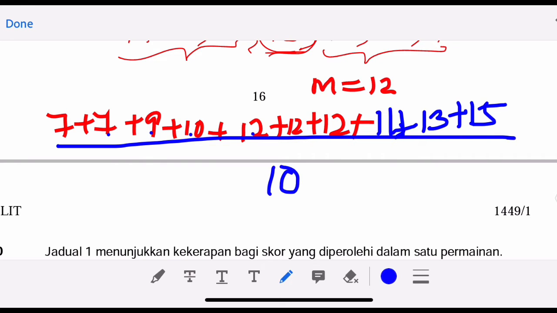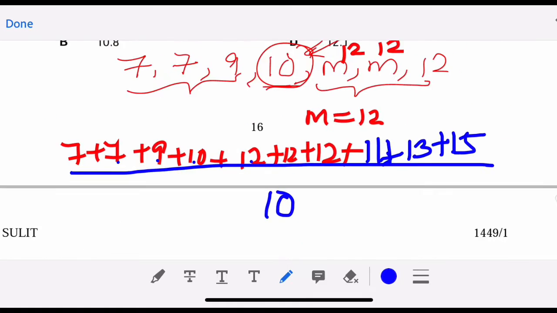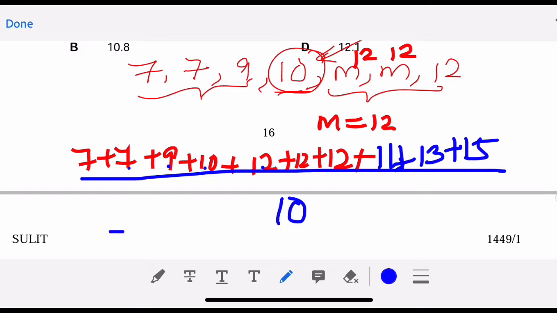So we can just plug into the calculator, and then we will simplify by adding up. If possible, you try to add up carefully, and then you divide by 10. So the answer is, I got 10.8. Are you getting 10.8?